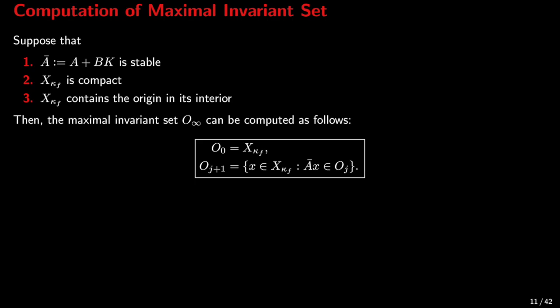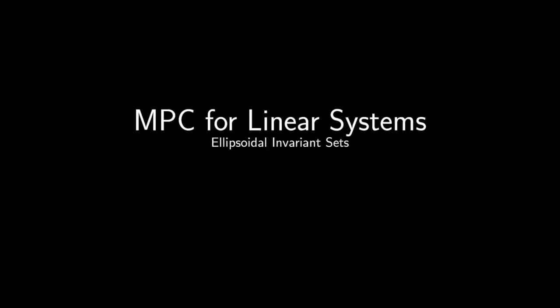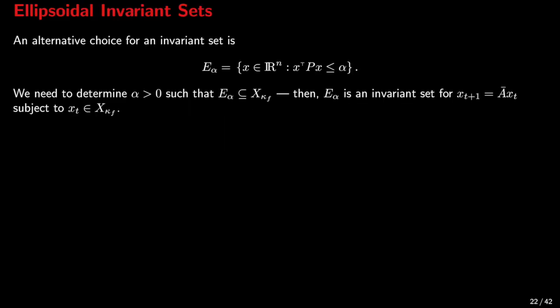In this video lecture, we will follow an alternative approach that leads to significantly simpler terminal sets. Perhaps smaller, they're not maximal anymore, but definitely sets with a simpler representation. These are the so-called ellipsoidal invariant sets.